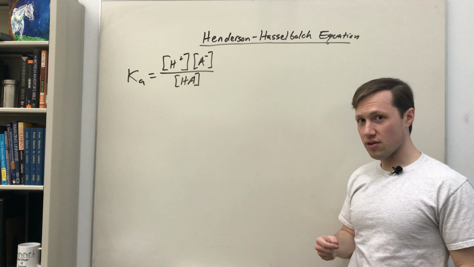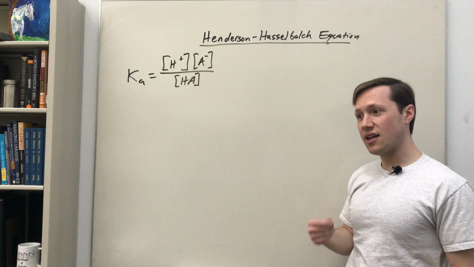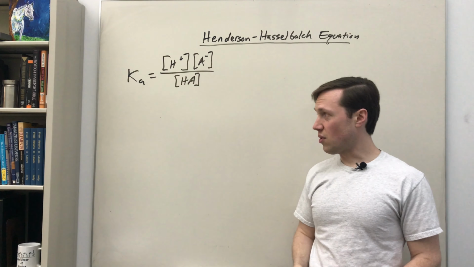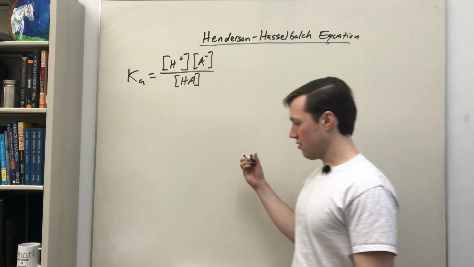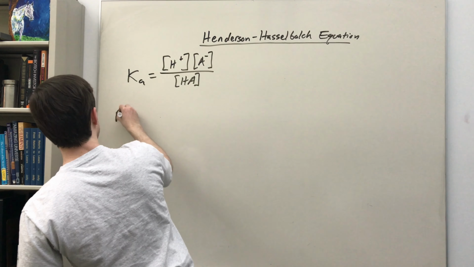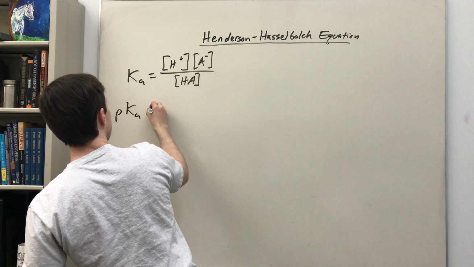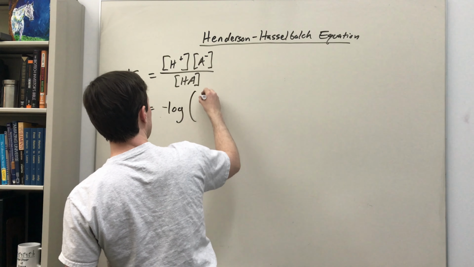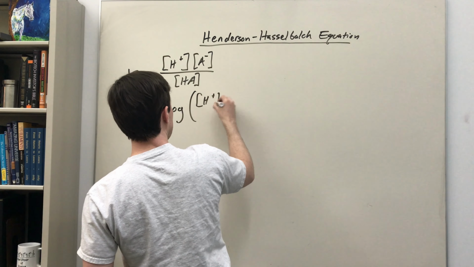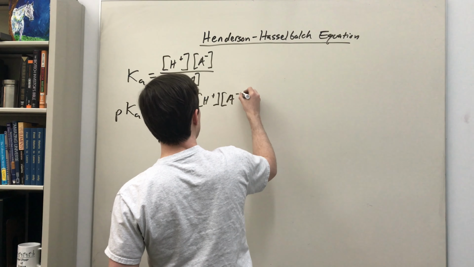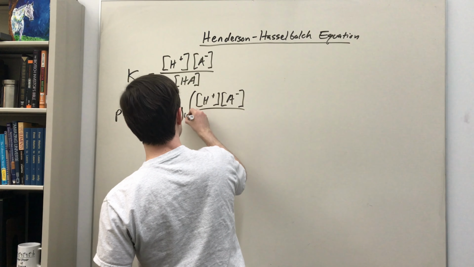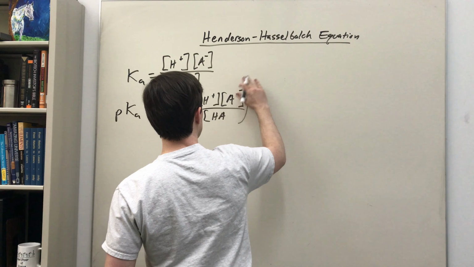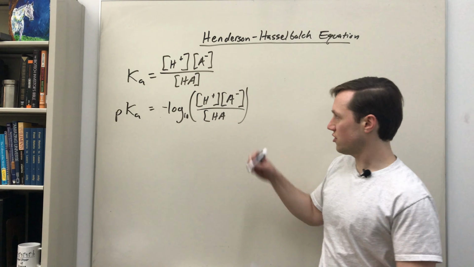So let's start by taking the negative log base 10 of both sides of this equation. Doing that will bring us to pKa and the negative log base 10 of our equilibrium constant expression.